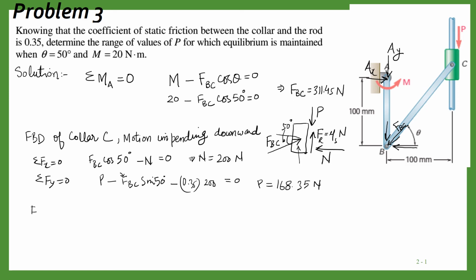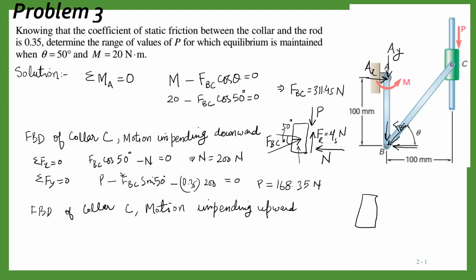Now the second scenario can be when this collar is impending upward. Okay, so FBD of collar C, motion impending upward. So again the diagram will remain same.